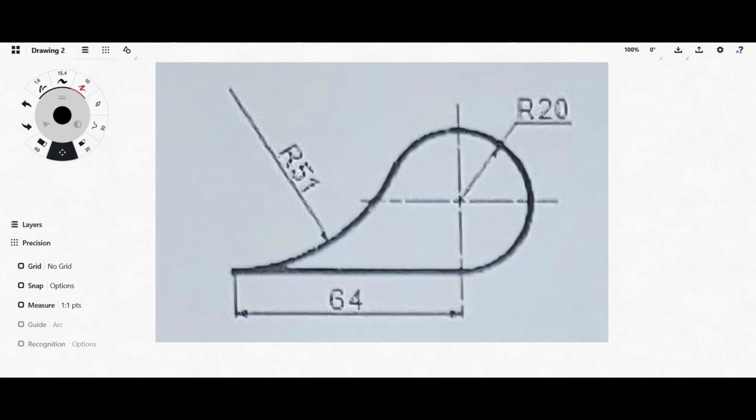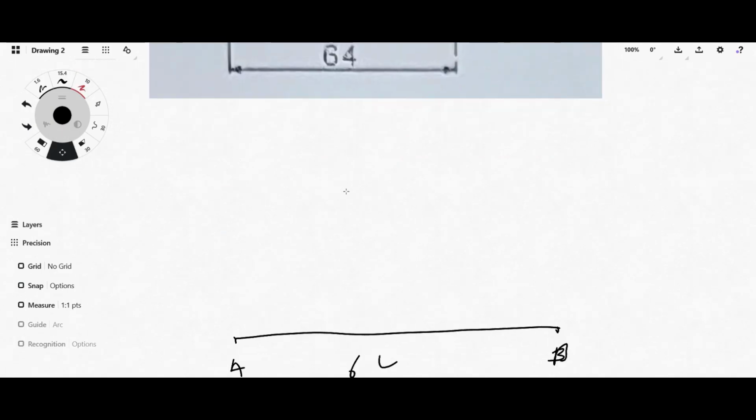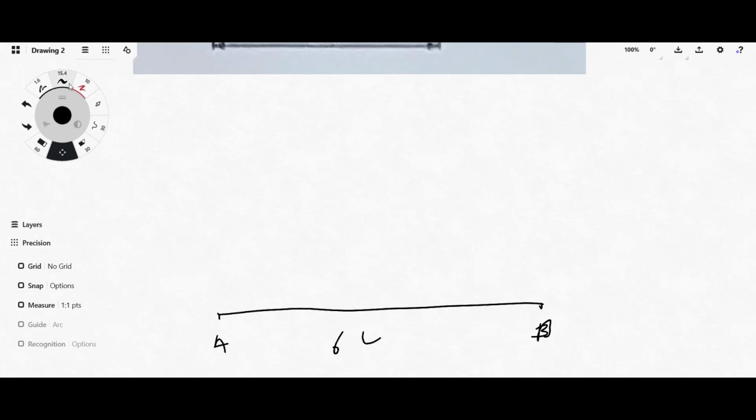With that in mind, you come straight forward to draw your center line at the point B. Forgive me, I'm still getting used to this tool.